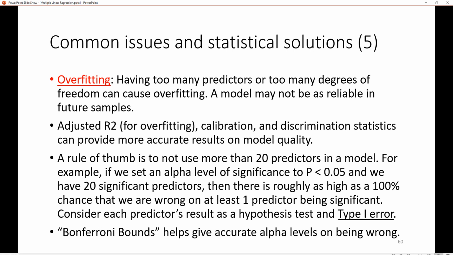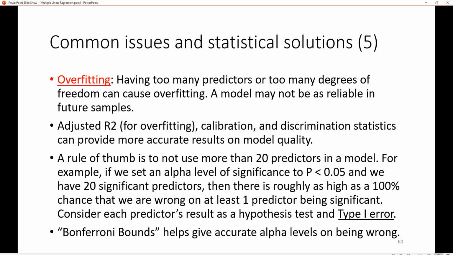So if we have 20 predictors, in effect we have 20 hypothesis tests, and if we sum up all those probabilities, then there's a chance that there could be one predictor that may look significant, but just by chance.